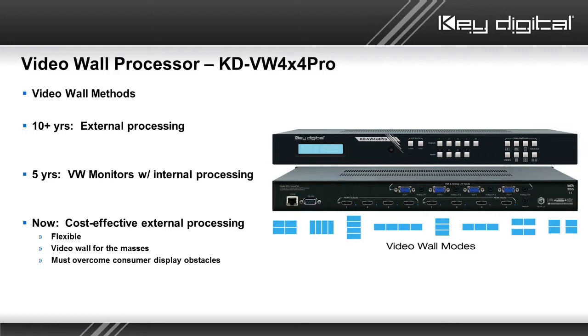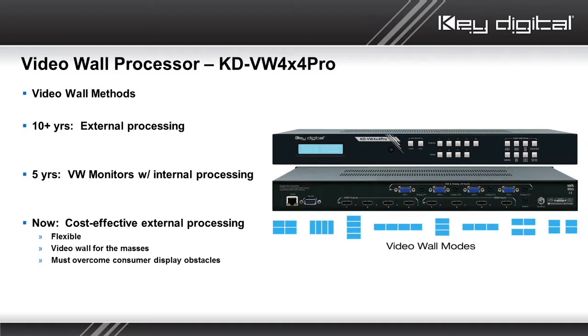But you're not looking at something that's for that extremely critical viewing application like what we saw in the first-gen external processors. But again, we're looking at a new category here, cost-effective external video wall processors. And KeyDigital's came out this year at Infocom. And there were a few other competitors that did that as well, to be honest.